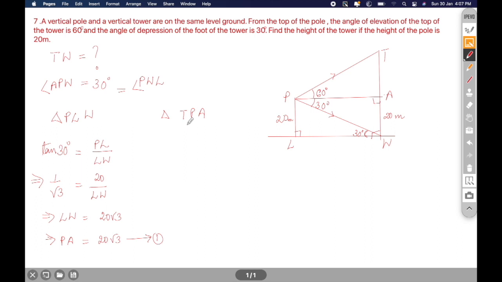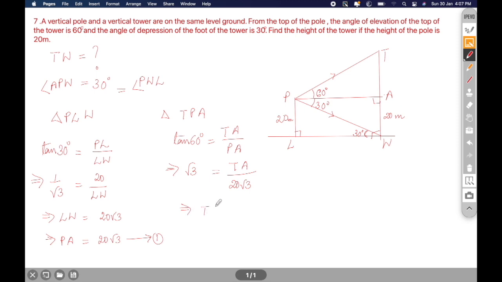Next, in triangle TPA, tan 60 degree equals TA by PA. Tan 60 degree is root 3. TA is not known and PA is 20 root 3.